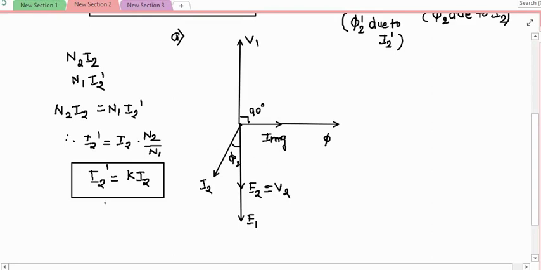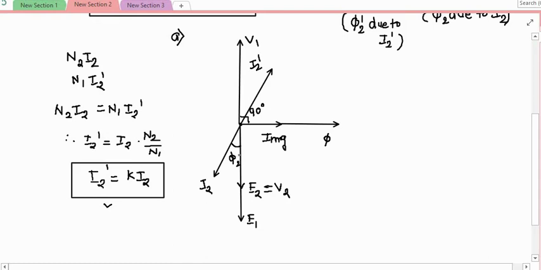Now from this equation, what we have said is that the load component is drawn by the primary to overcome the demagnetizing effect of your load current I2. The primary will draw some extra current from the supply to satisfy the load requirement, and this current is in phase opposition with I2. So I will draw it here, in phase opposition, and this is your I2 dash.